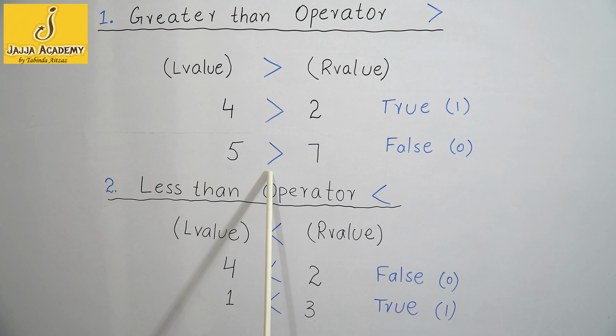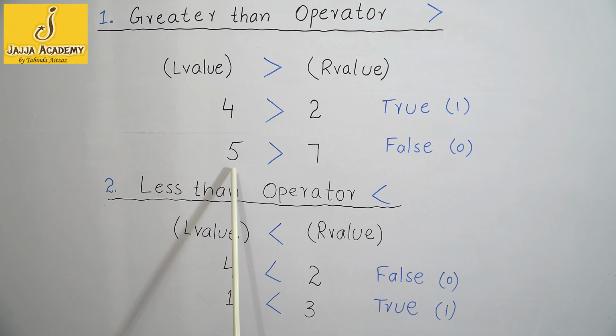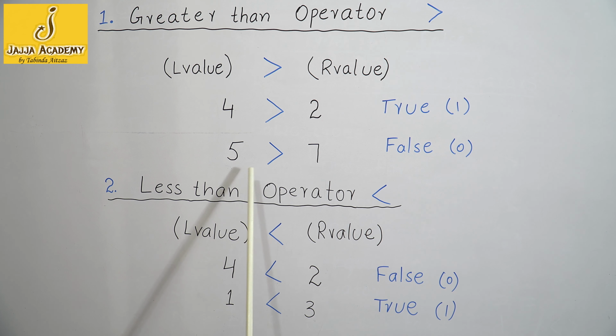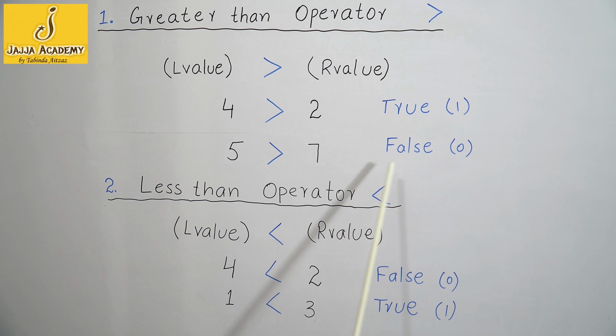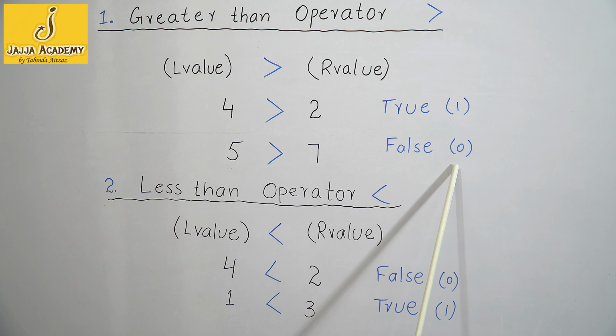The greater than operator will compare 5 with the value 7, and as we read that left value should be greater than 7, but it is not greater than 7. It is not greater than right value. It is less than right value, which is 7 here. So greater than operator will return false, and false is also represented by 0.